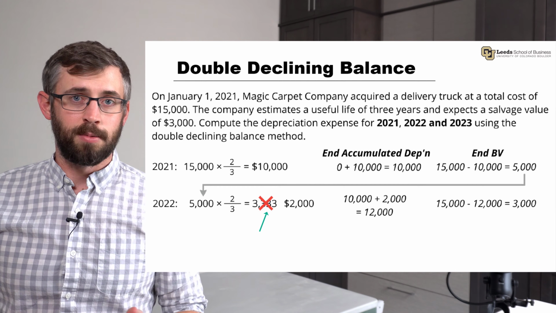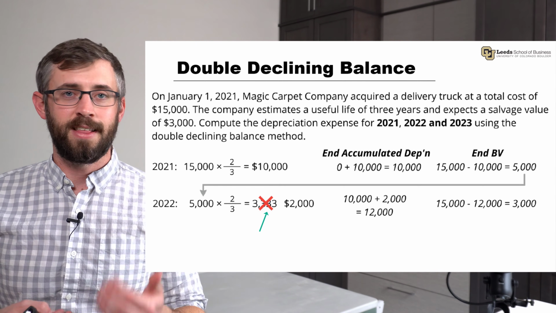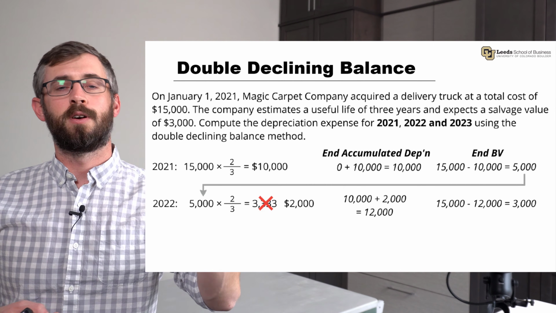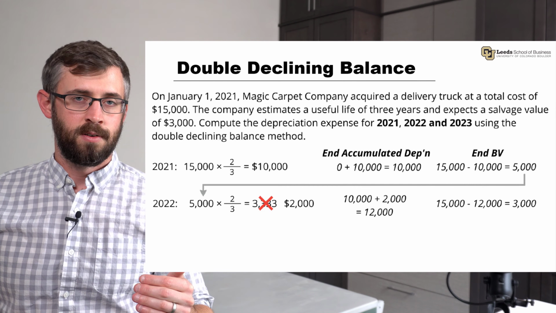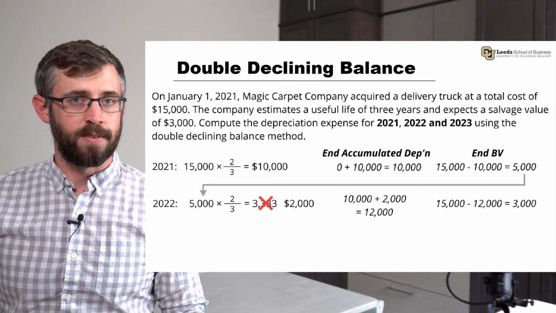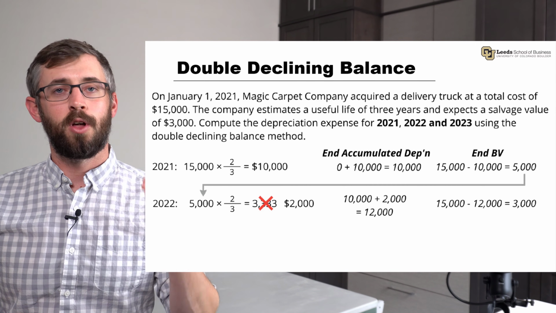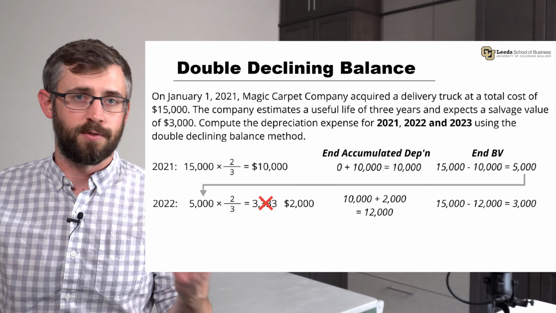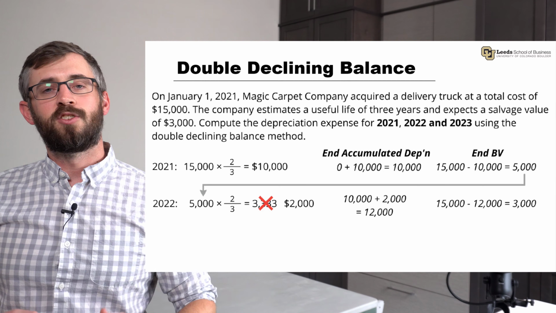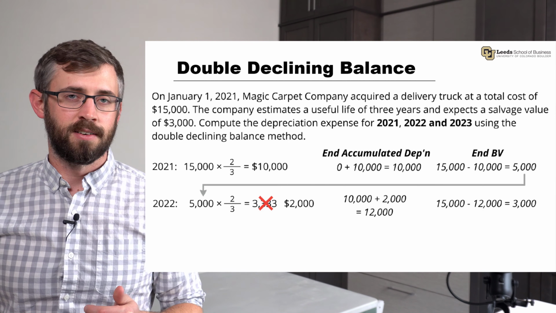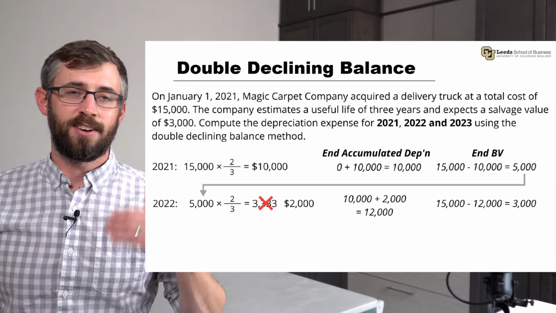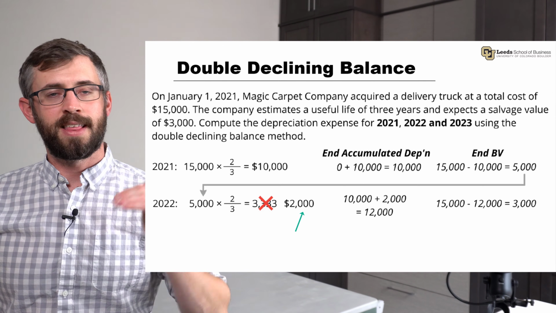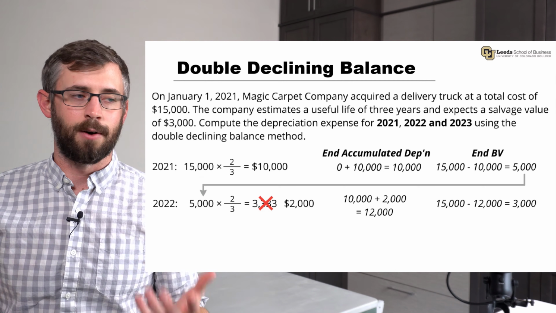Now this would be a problem, because if we recorded that full $3,333 as expense, it would drop our book value below the $3,000 residual value. And we can't go below the residual value of 3 grand because we think we can sell that thing for $3,000 in cash. And so we're going to cap in our second year here our depreciation expense at $2,000, which will drop us from the $5,000 book value to the $3,000 book value that equals our kind of salvage or residual value.